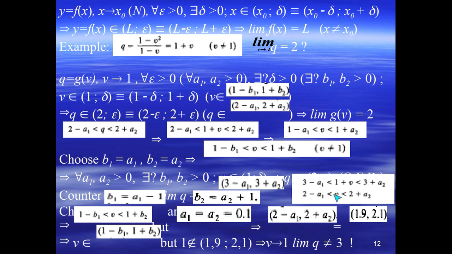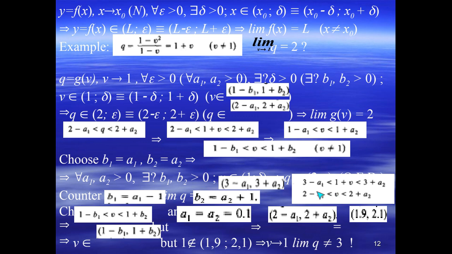But now, what b1 and b2 shall I choose? I can choose b1 as a1 minus 1 and b2 as a2 plus 1. If b1 is a1 plus 1, a1 is b1 plus 1. And if b2 is a2 plus 1, a2 is b2 minus 1.